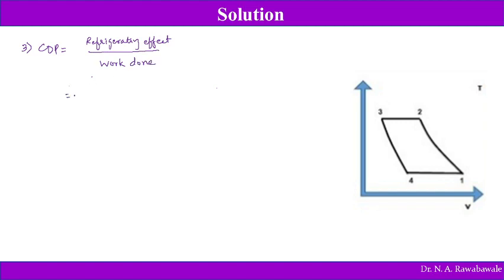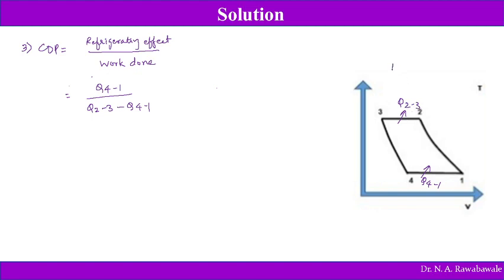So refrigerating effect is nothing but Q41, work done is nothing but Q23 minus Q41. So this is refrigerating effect Q41, and this is heat rejected, that is Q23.